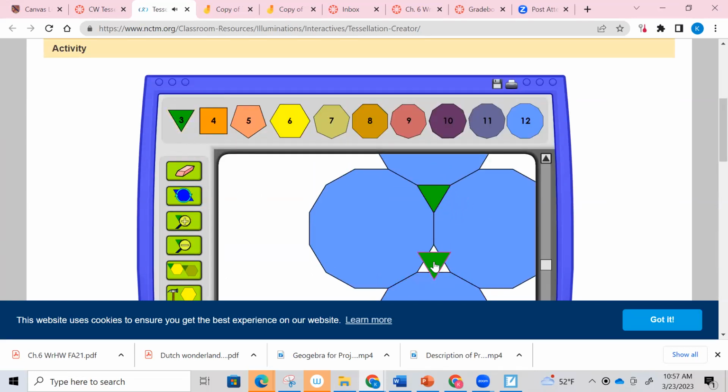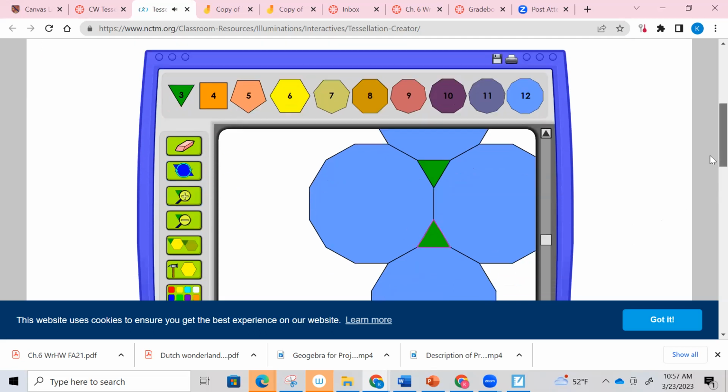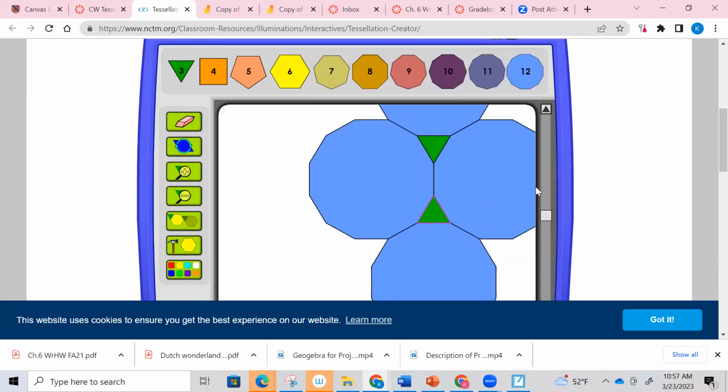And so this would be that picture. And again, you might have to rotate these. Fill in this picture to show a semi-regular tessellation.